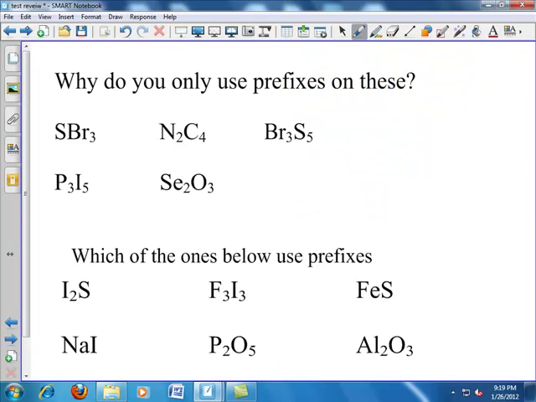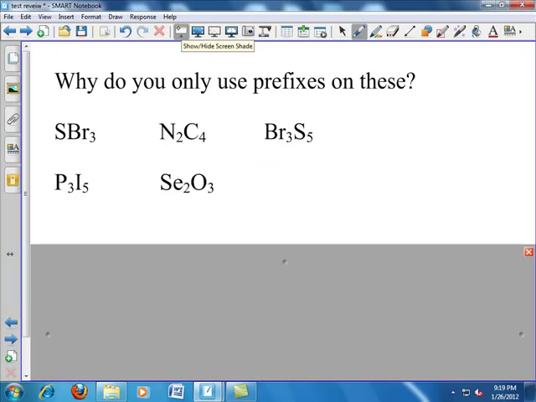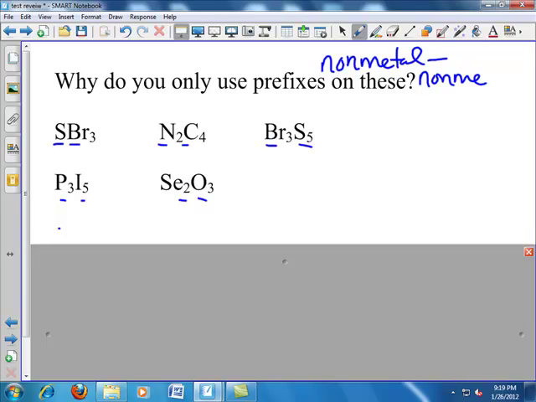Now, this top section here, can you answer the question: why do we only use prefixes on these? Why do each of these just get prefixes in the name? That is because it's a non-metal to a non-metal.